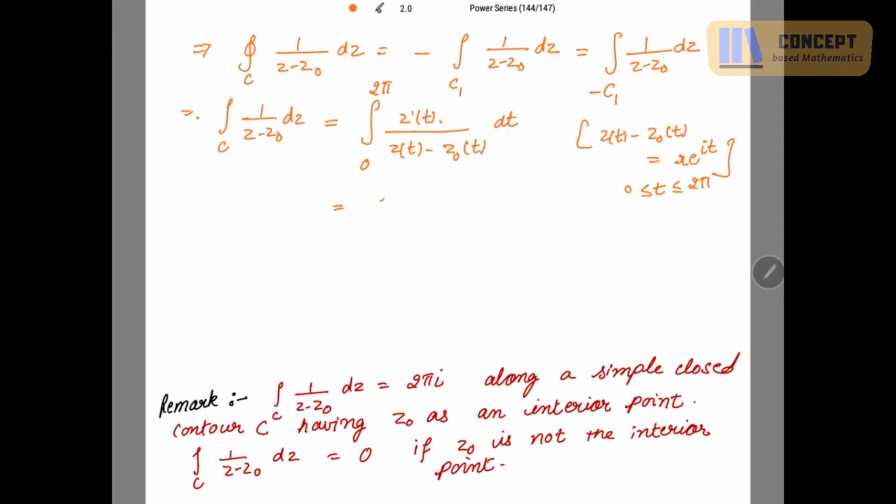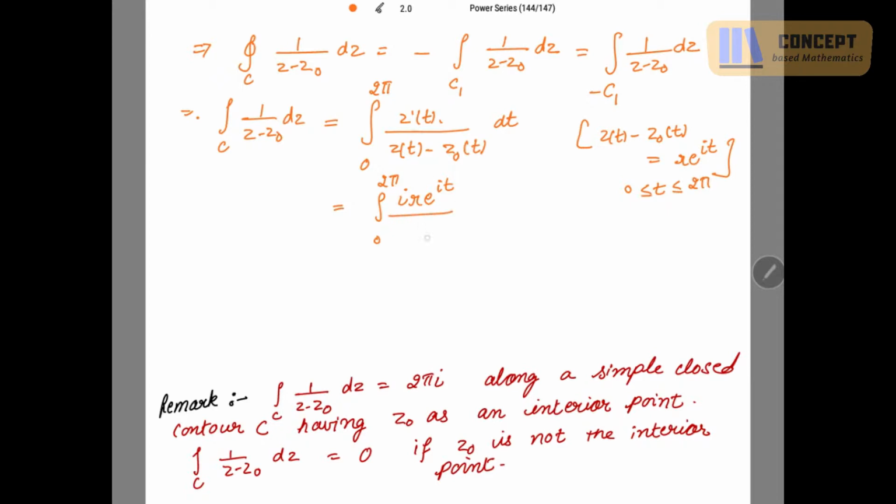So this is the integral from 0 to 2 pi. What is the derivative z dash t? You take z naught on the other side. The derivative is r e to the power iota t into iota. z naught is an arbitrary point, so its derivative is 0.